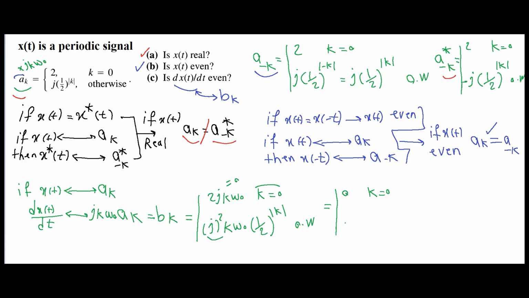Now we analyze symmetry. For the derivative to be even, we must have b_k equals b_{-k}. So we compute b_{-k} and compare it with b_k.